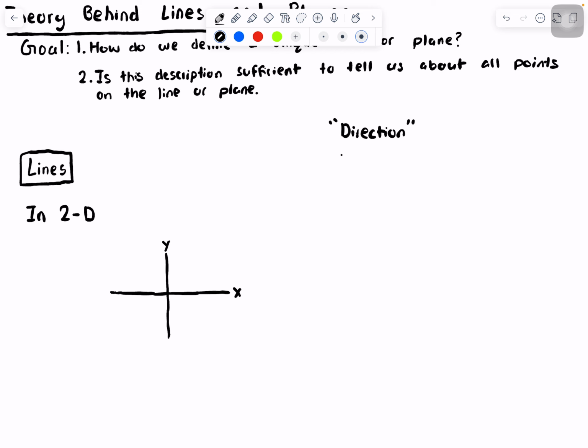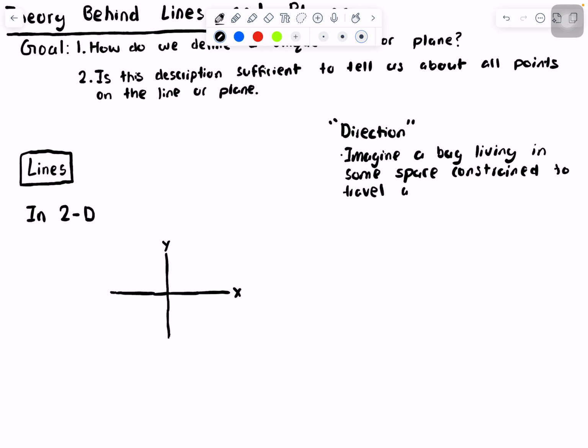So a direction, in this sense, we're going to think about, imagine a bug living in some space, constrained to travel along some trajectory. Okay, and you'll see that more concretely when I start drawing.